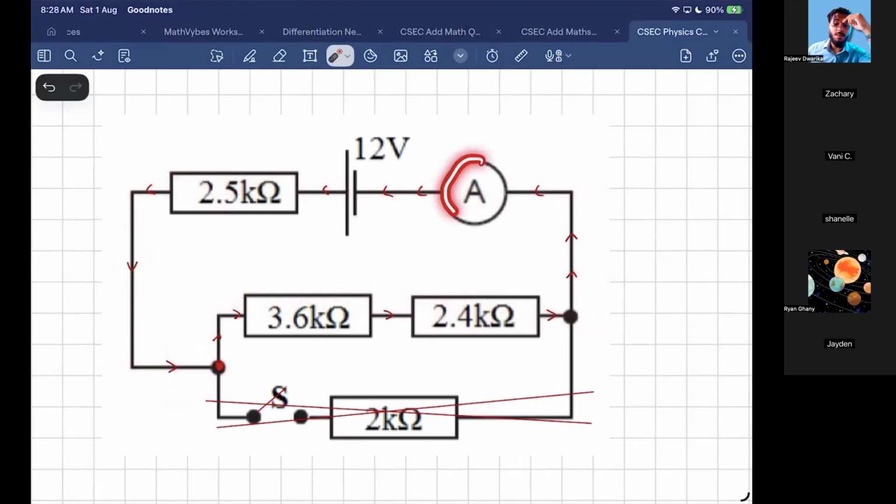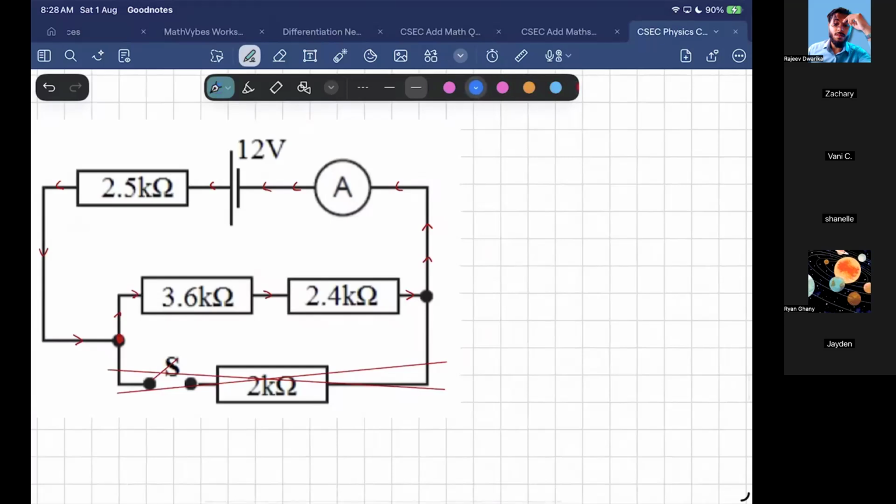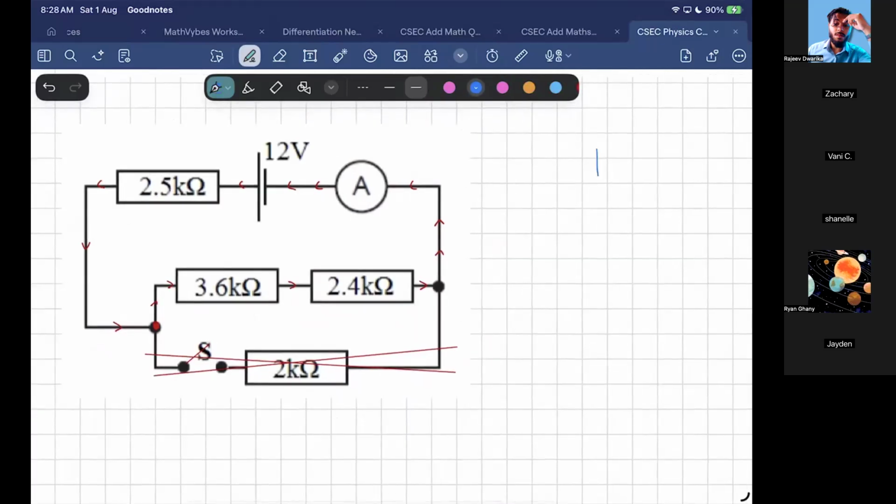But anyway, Zachary, you have to find the total current. Before you could find the total current, you have to find the total what? Remember where I drew the circuit. Resistance. Yeah, you have to find total resistance. You have to combine all the resistors in your circuit. So we have a 2.5k. I'm going to just simplify it. Let me know if you all are confused.